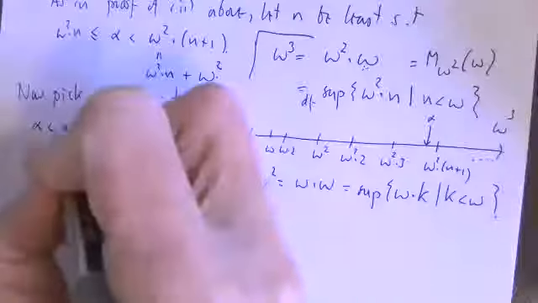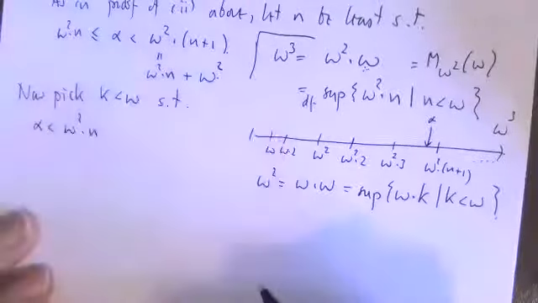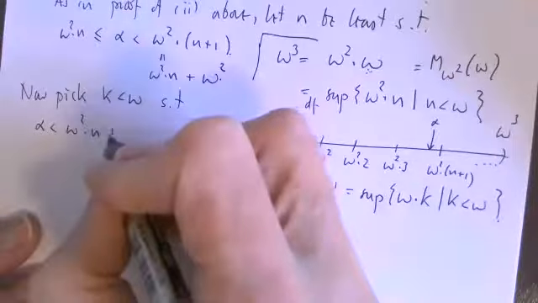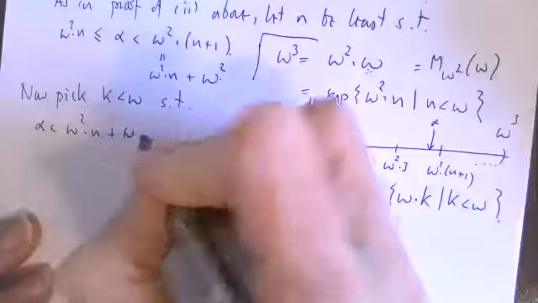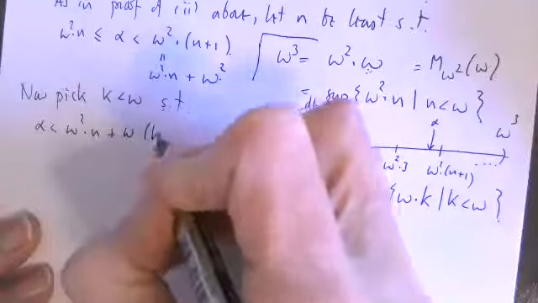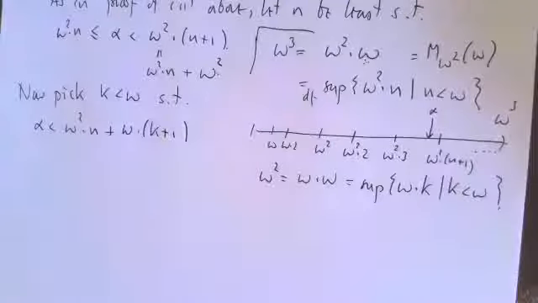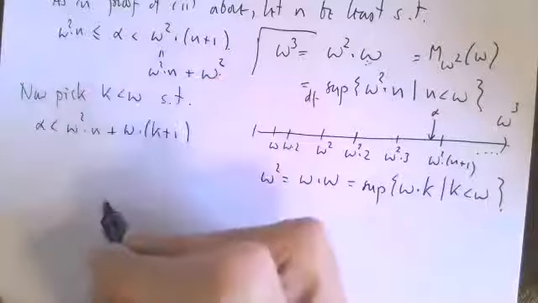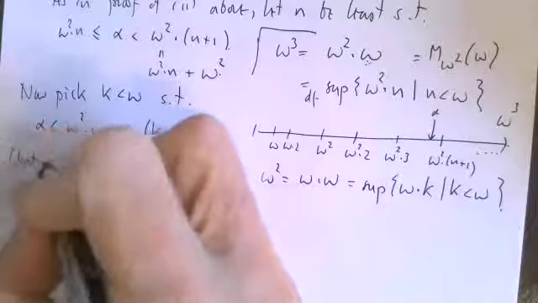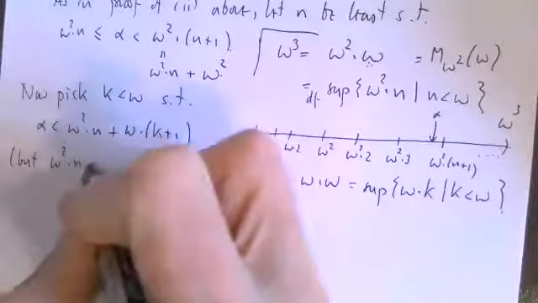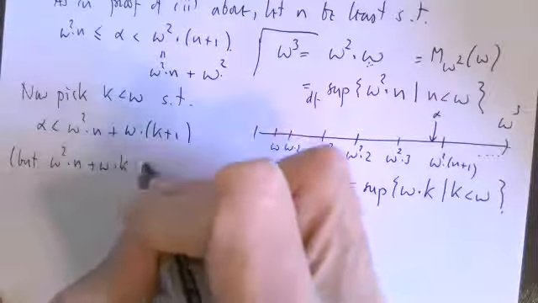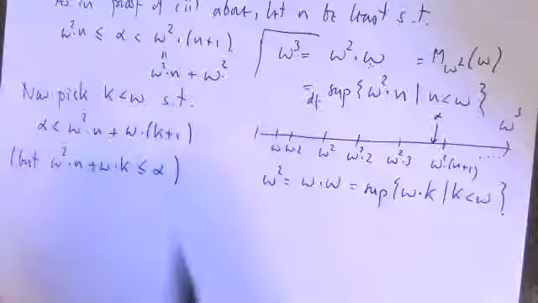So now pick k less than omega so that alpha is less than omega squared times n plus omega times k plus 1. But omega squared times n plus omega times k is less than or equal to alpha.